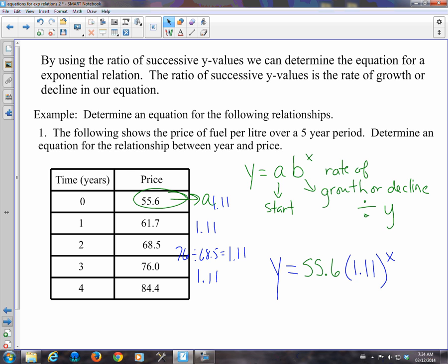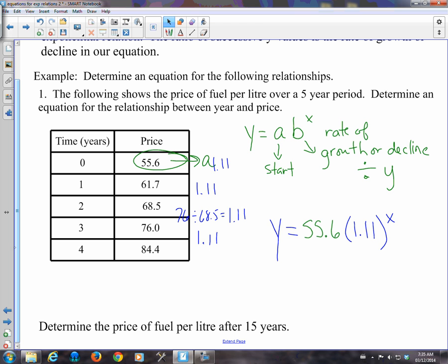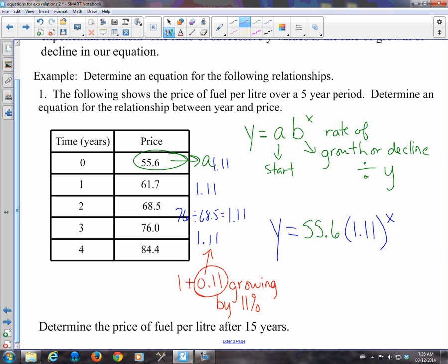So that means I'm growing, that means I've got 1 plus 0.11. So I'm growing by 11% each year according to the table.